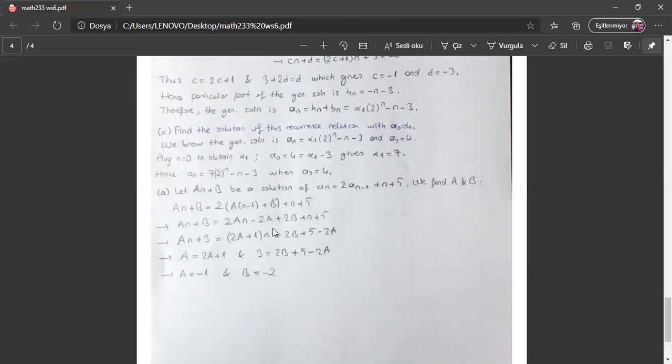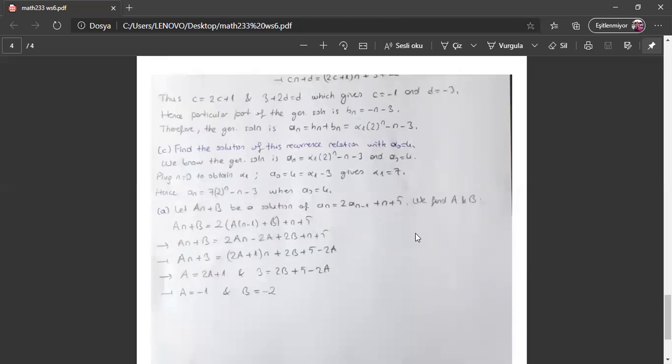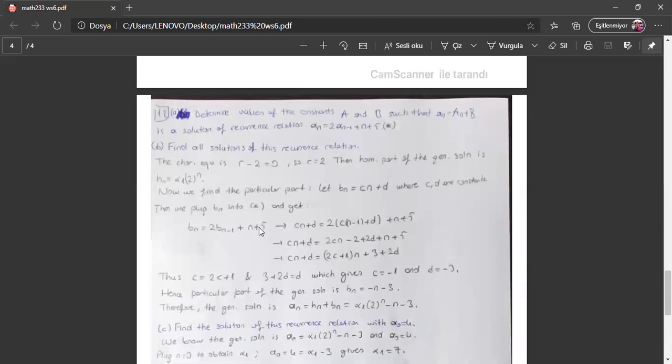On the right, we write each term with n in the parentheses, and the rest as the constant. So the multiple of n should be equal to a here. So 2a plus 1 equals a. And for this one, it's equal to 3. We just solve these and we find a equals -1 and b equals -2. So this was the easiest part.